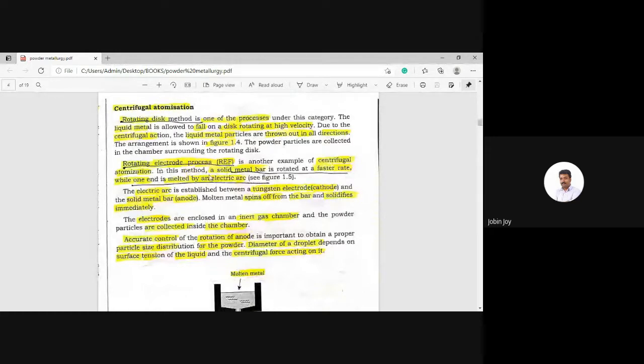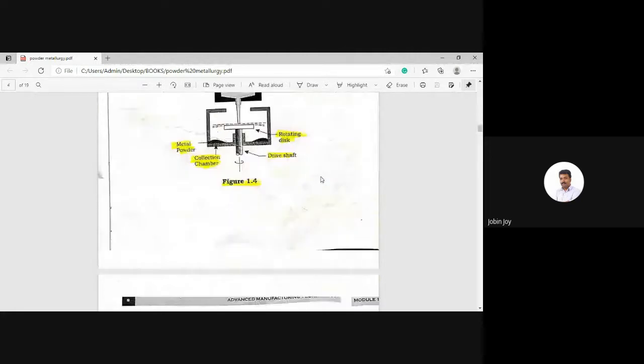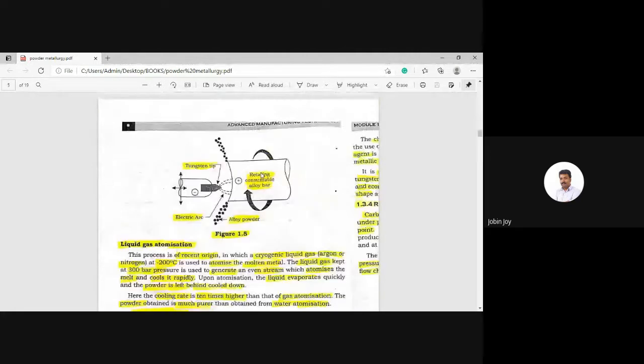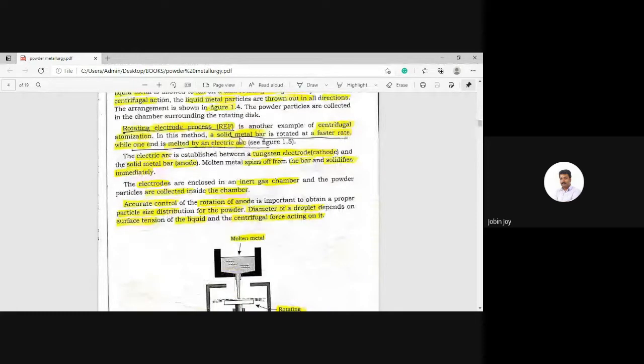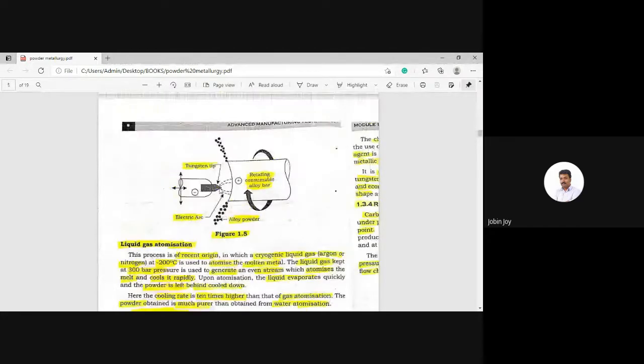In this method, a solid metal bar is rotated at a faster rate, while one end is melted by an electric arc. Here you can see one end of this solid metal bar is melted with the help of an electric arc.